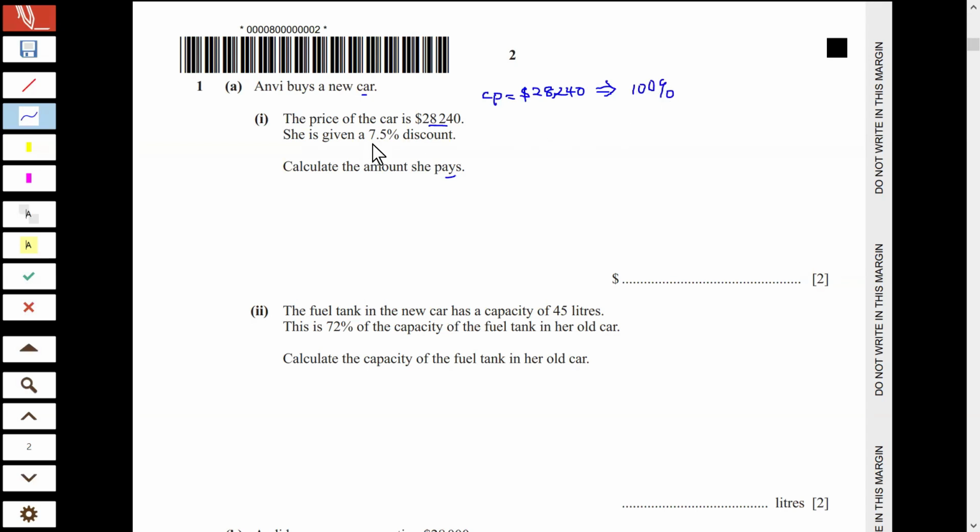She's given a 7.5% discount, so 7.5% discount means we have to subtract 7.5 from 100%. So 100% minus 7.5% is equal to 92.5%.